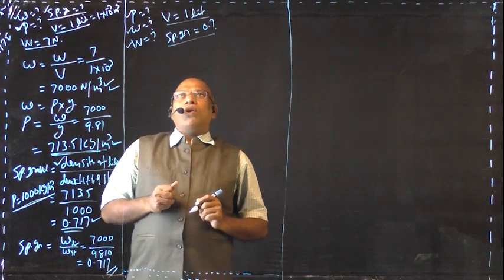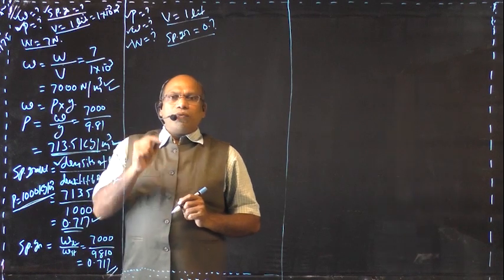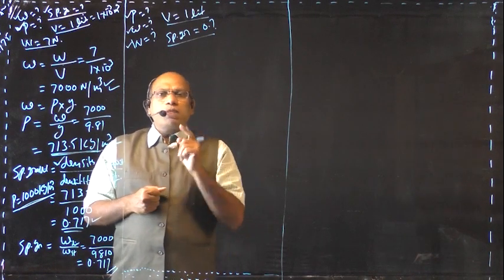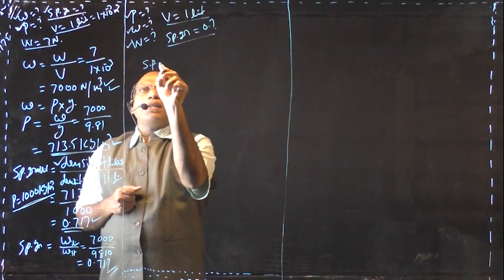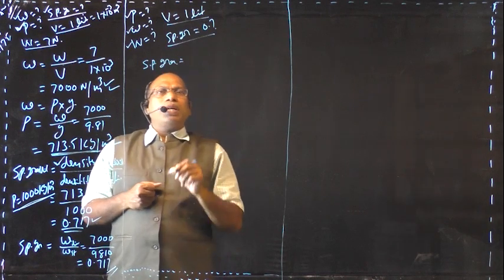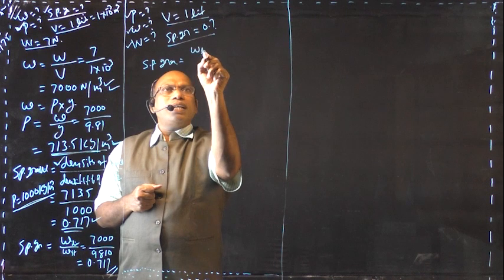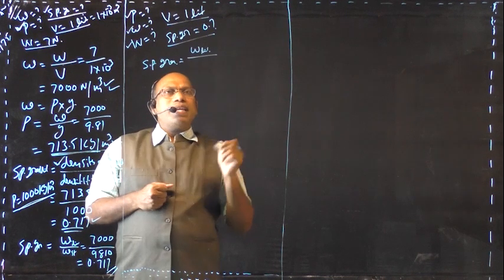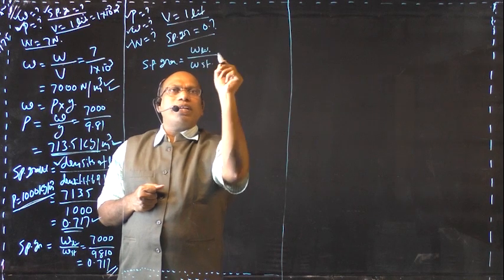Now for the determination of density, we know one formula: specific gravity equals unit weight of liquid divided by unit weight of standard liquid.